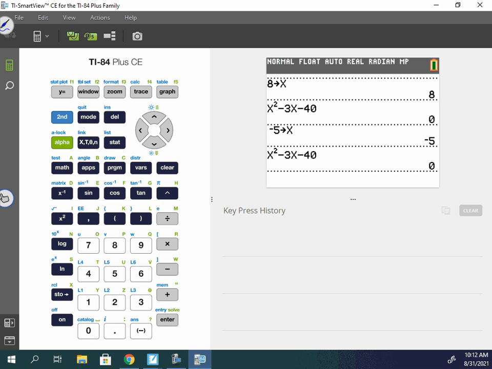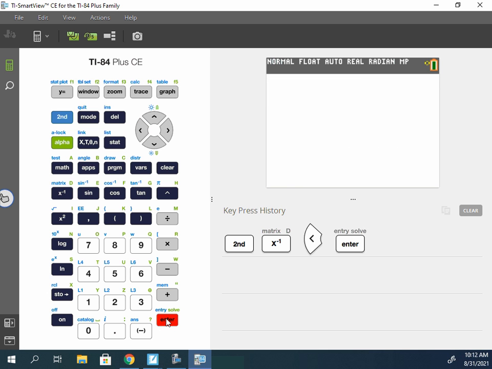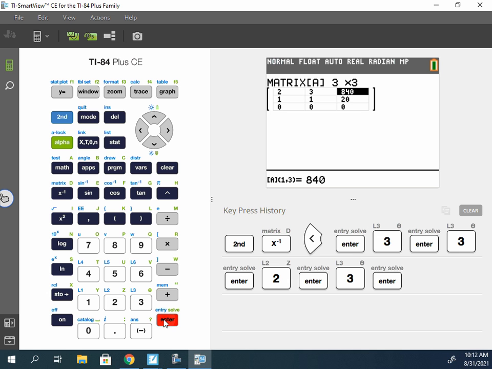What did we learn about these 84 calculators the other day? What can we put into these? Matrices, yes? So I could go, as long as I'm not writing on the board, second matrix and over to edit. Now both of these here are a 3 by 3. So 2, 3, negative 2.